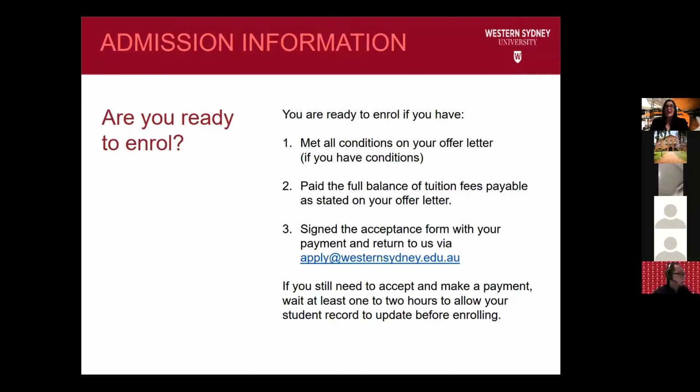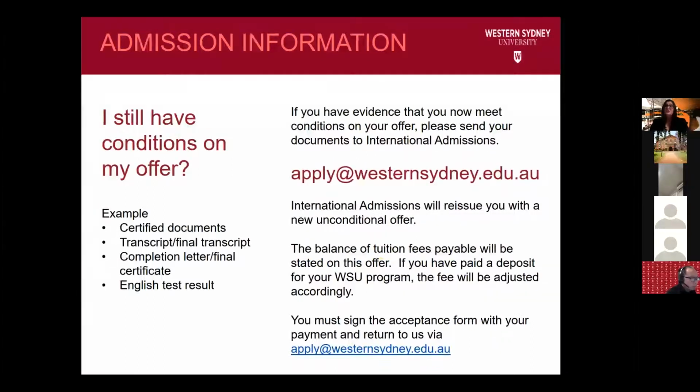So some of you may have issues enrolling, and it may be something to do with your admission documents, okay? Sometimes the issues are because you still have conditions on your offer. These conditions may be certified documents, whether you have transcripts or final transcripts to submit, a completion letter or final certificate, or your English test result.